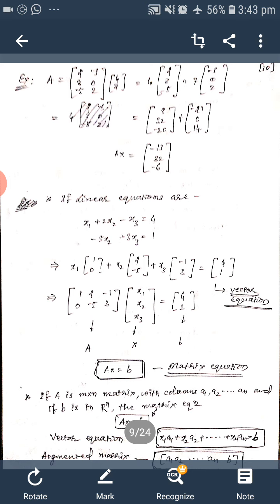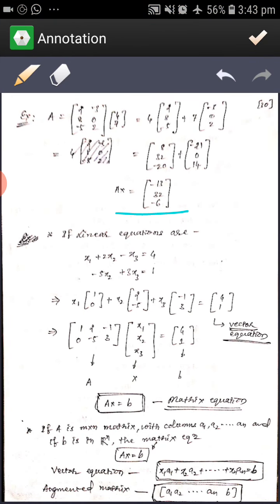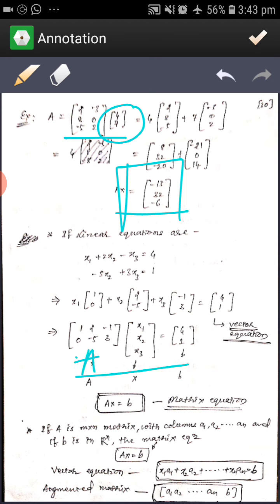Now here is one more example of A and x, showing how to find Ax. If x is like this, we multiply A and x. This is also in Ax = b form, where this is Ax and this is b.